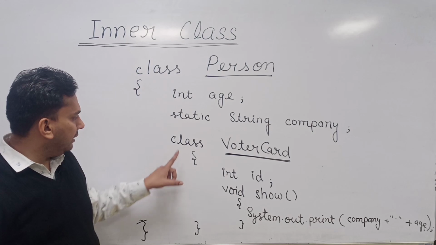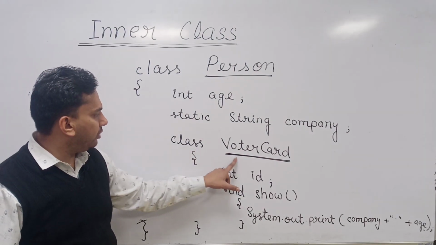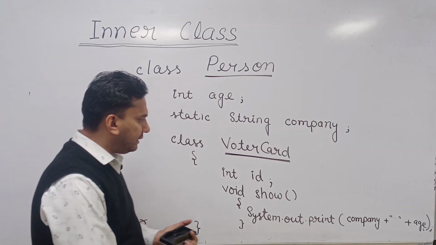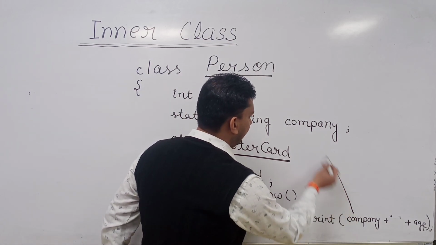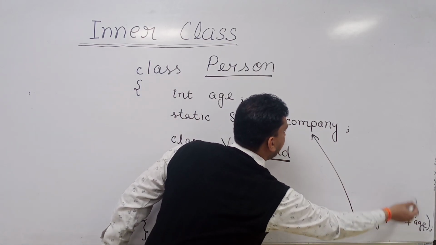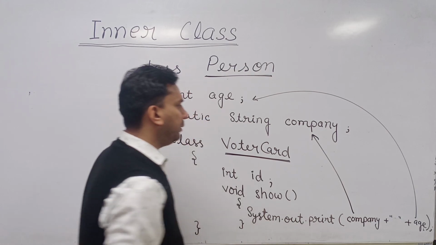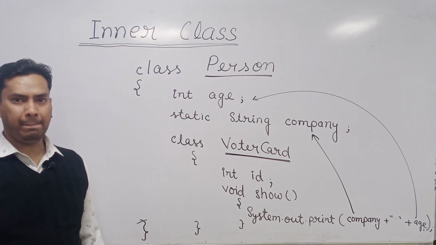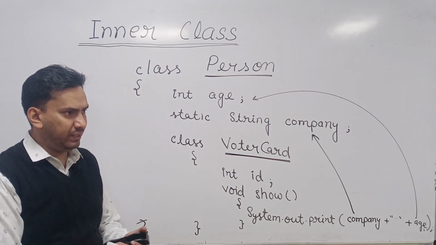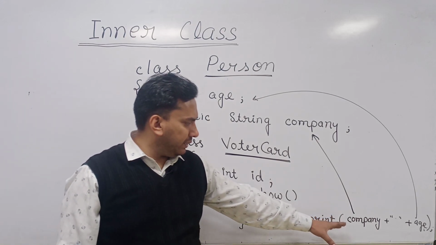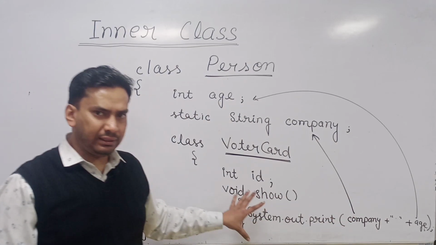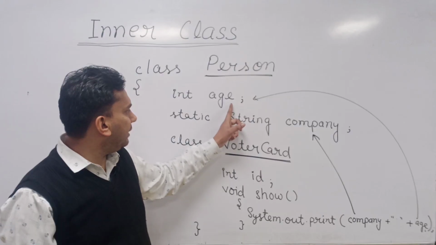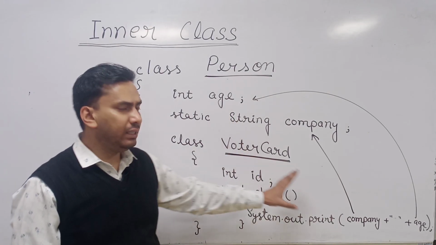But here this non-static nested class or inner class can access the static members as well as non-static members directly. So it is the difference, you can say. Second difference, you can say that inner class can access the static as well as non-static members directly.